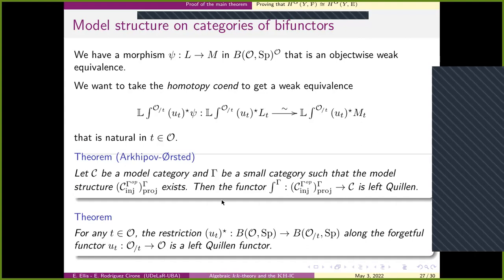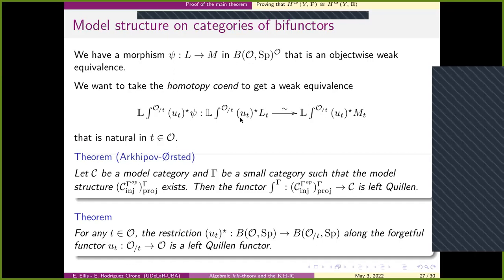But there's a problem, which is that we are taking coends indexed by different categories, because we restrict L sub t to the slice category and then take coend in the slice category. So we would need to work with different cofibrant replacements corresponding to these different categories.